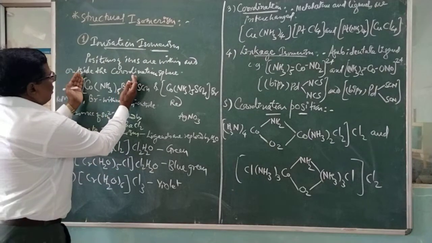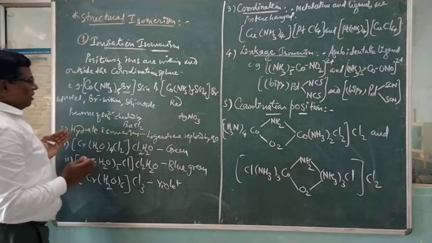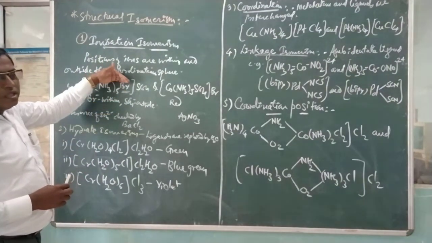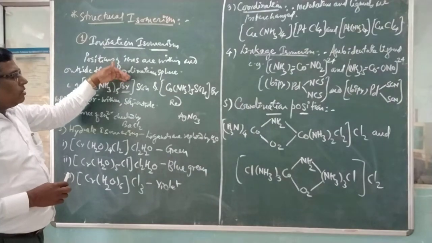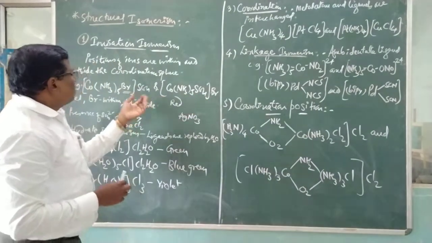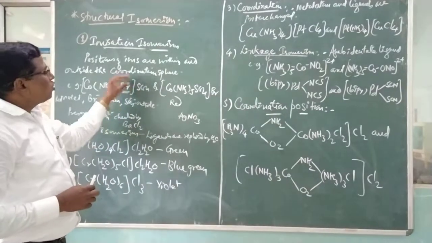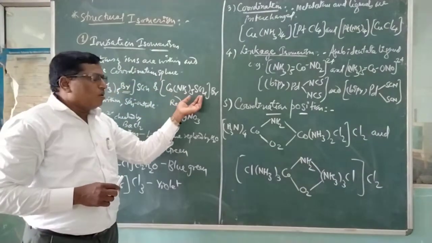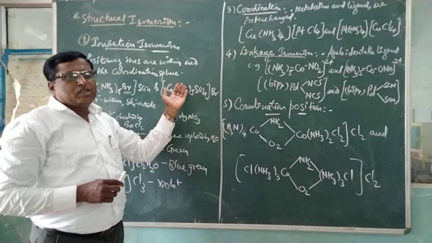This part is called the coordination sphere, and this Br is within it, while here Br is outside the coordination sphere. What happens in case of SO4? SO4 is outside the coordination sphere in the first, and in this complex it is within the coordination sphere.